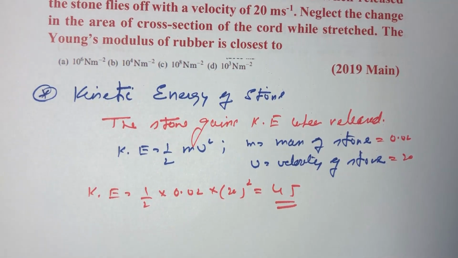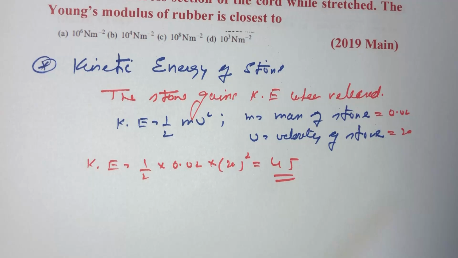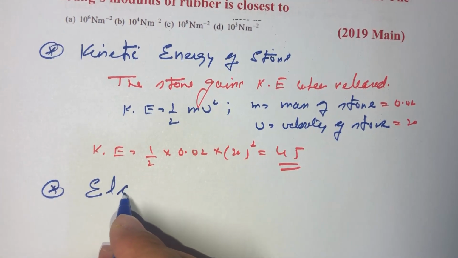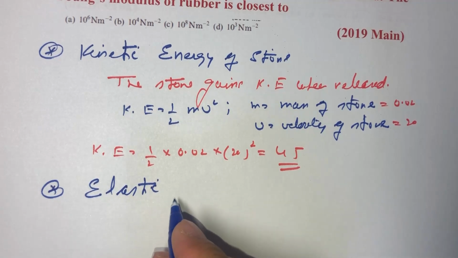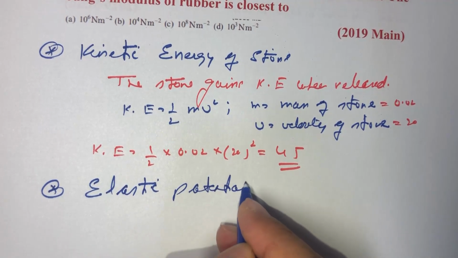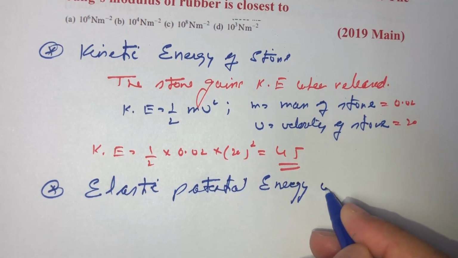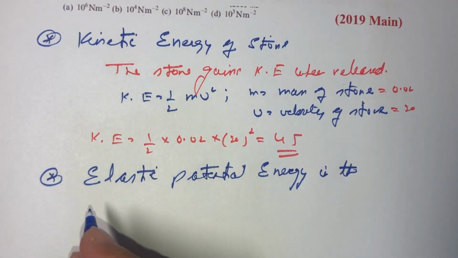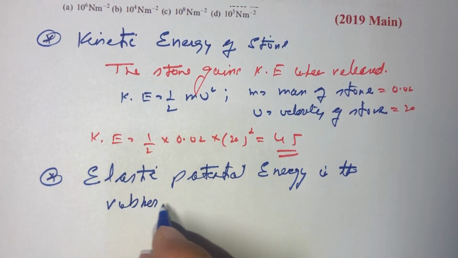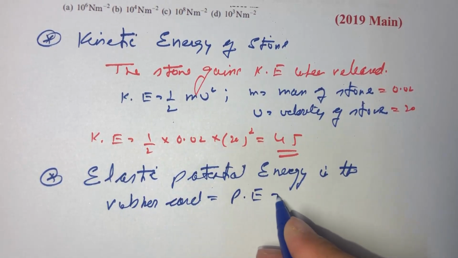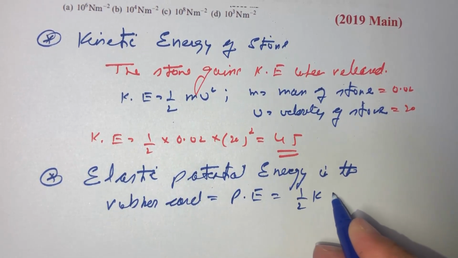And the potential energy is because of the change in the position of the stone because of the stretching. So we can call this the elastic potential energy in the rubber cord, and that is given as PE, which will be equal to half K x square.